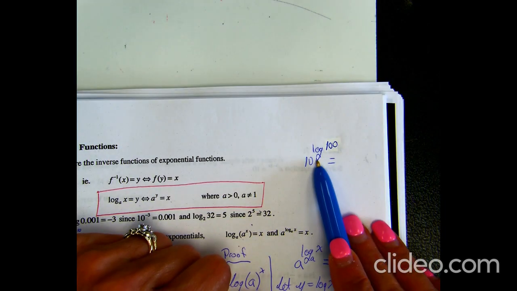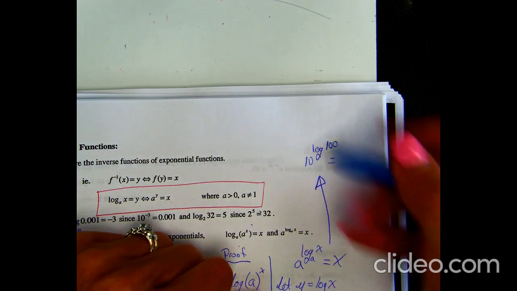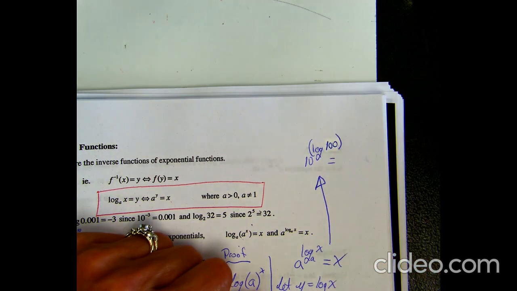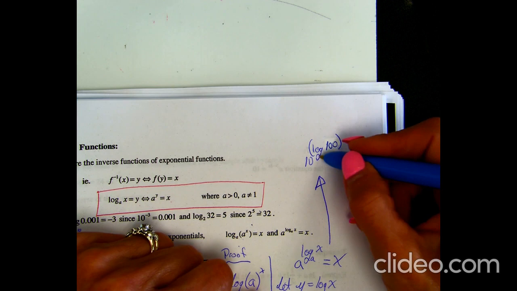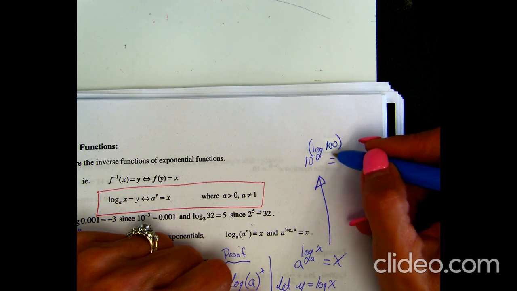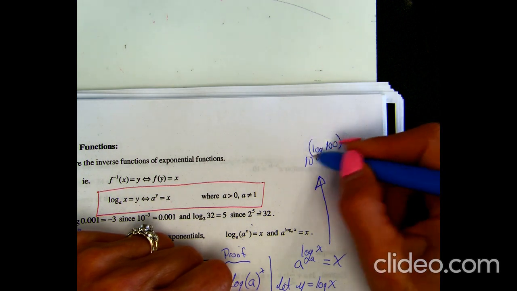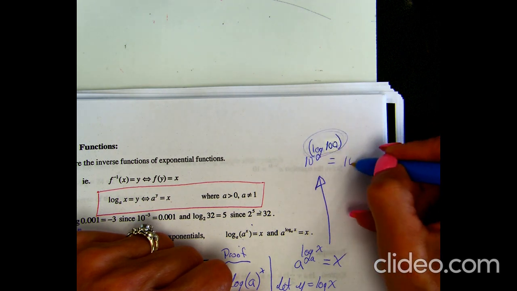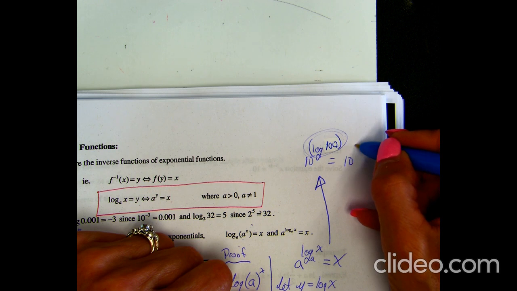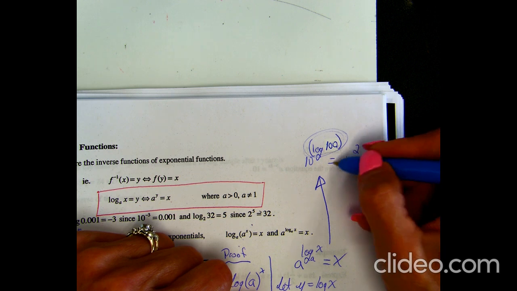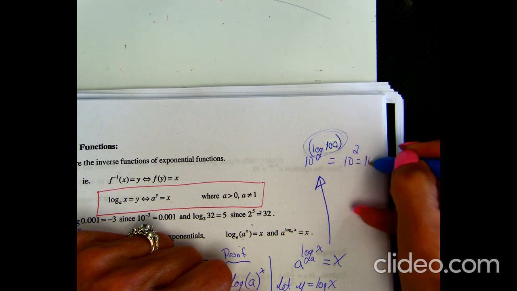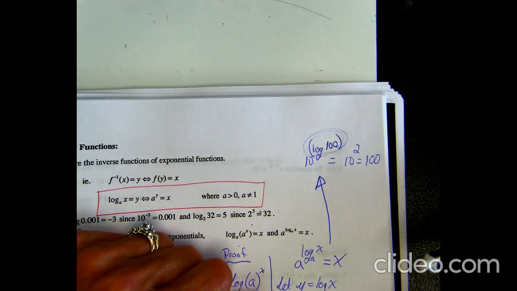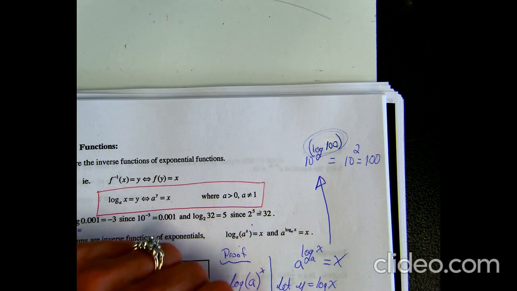What is 10 raised to the power of log 100? And what's the answer to that? Well, we have to go about this from the inside out, as in start by answering this question: what's log of 100? To what power do I raise 10 in order to get 100? It's 2. Now, raise 10 to that power, what do you get? 100. Okay, so you're operating a function on its inverse. Whatever you put in is what you get out.